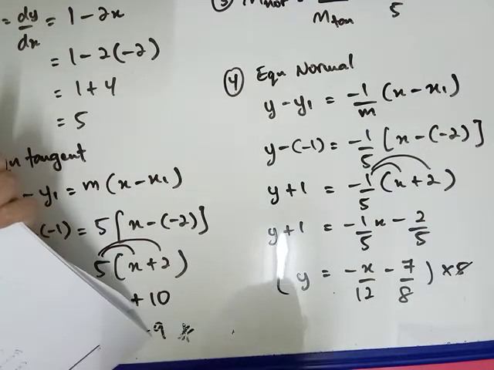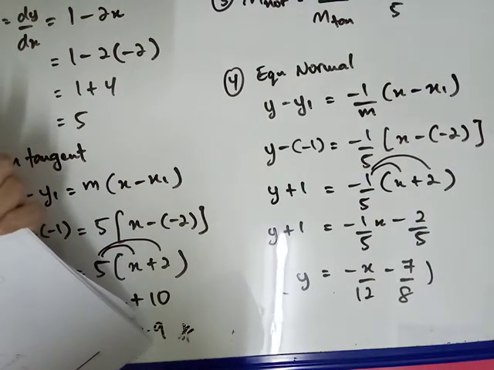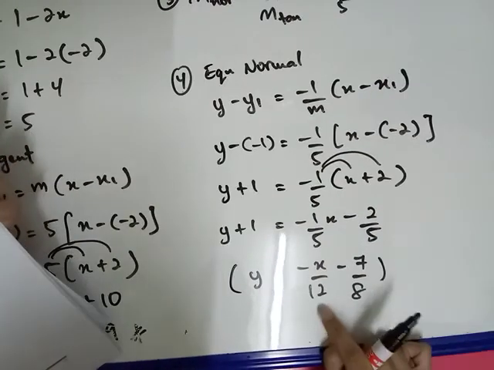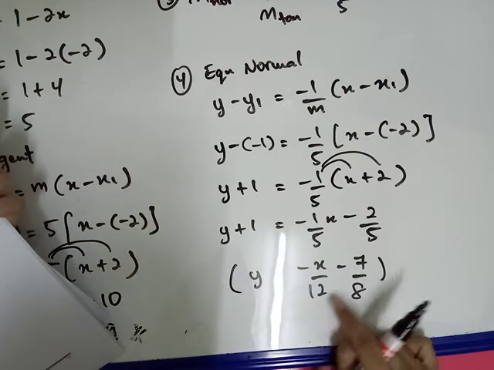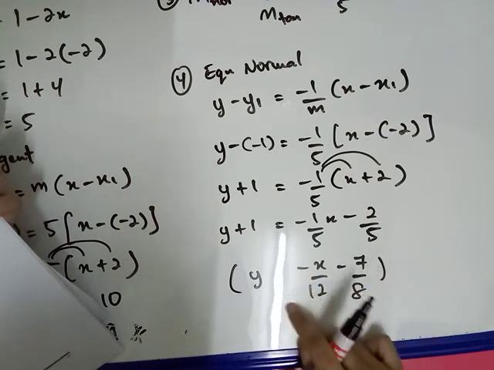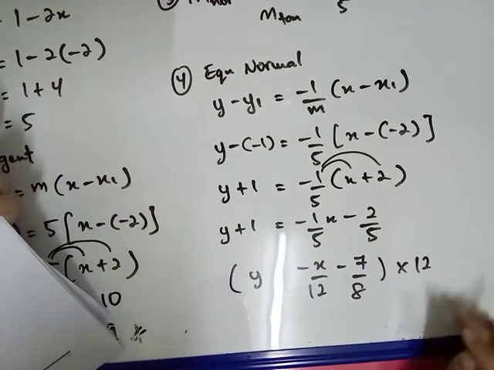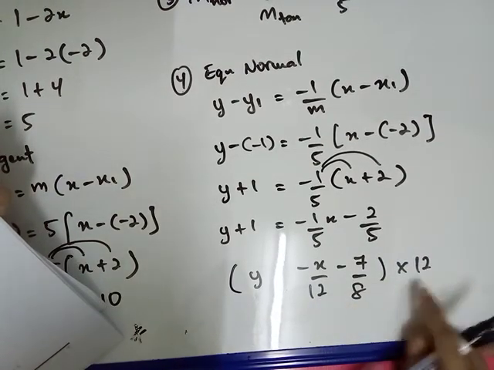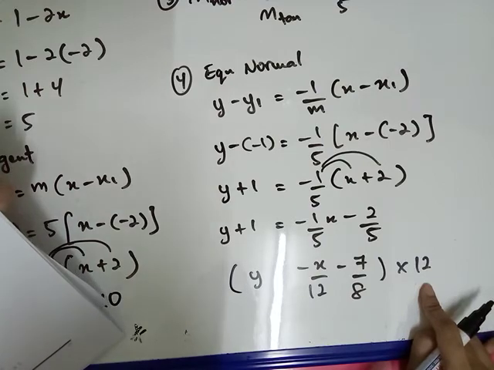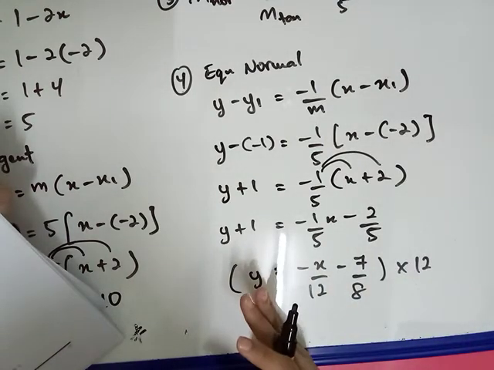How to eliminate the fraction? We need to multiply with the biggest number, which is 12. Multiply with the biggest number, 12. Do you understand? Don't take the small number, take the biggest number.